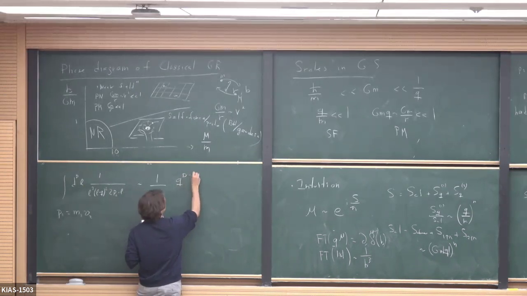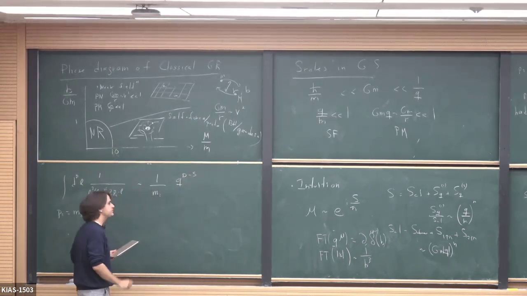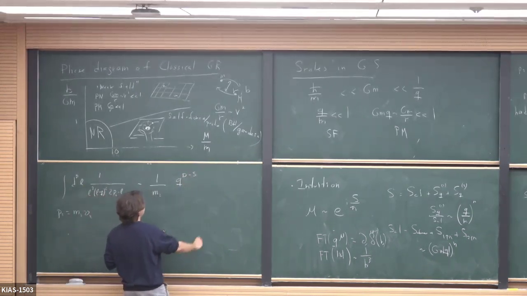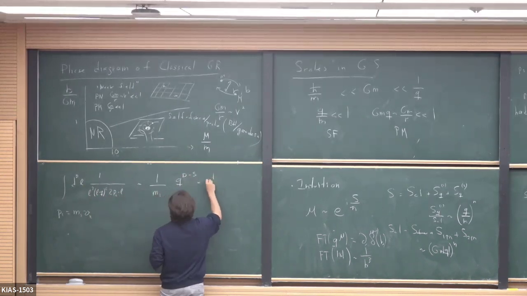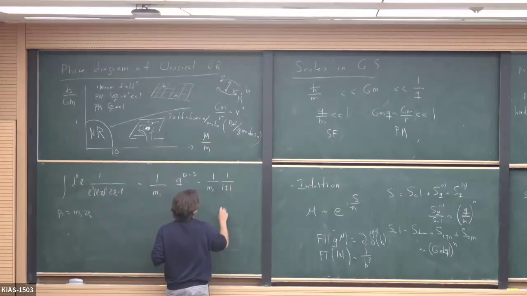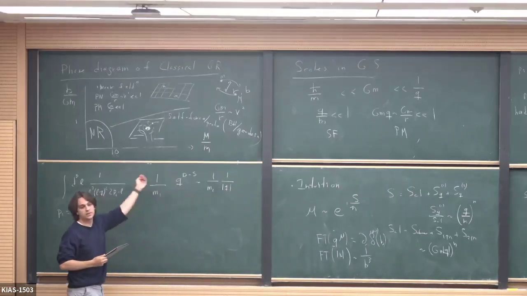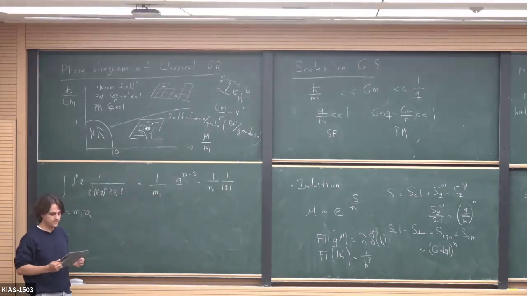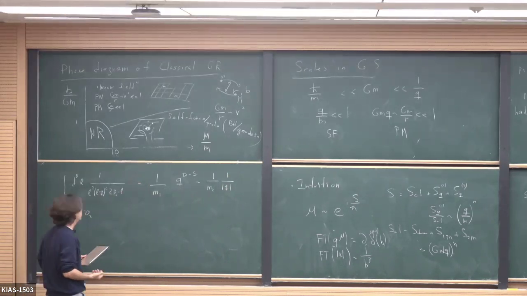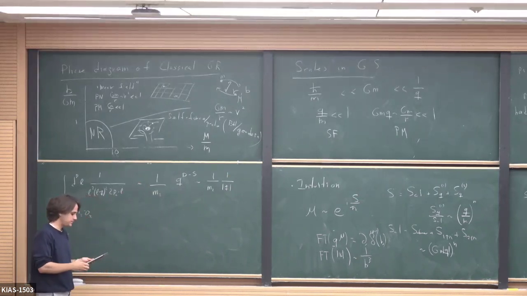So this is D minus 5. Okay. So this integral goes like 1 over M2, 1 over Q, with some number that we could compute, but I won't bother, because I just want to understand how it scales.